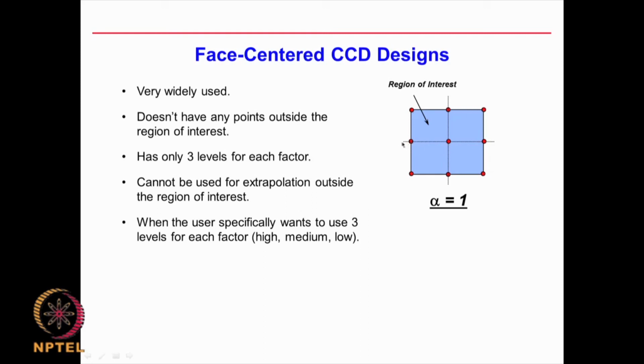But if you can extend this a little bit, okay, if the region of interest is more, then you end up doing 5 level type of experiments, whereas if you are keeping your star points right on the edges, you are doing only 3 level experiments for each of these parameters or variables or factors, it will be high, medium, low only.